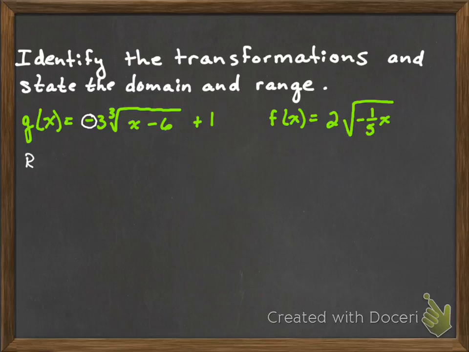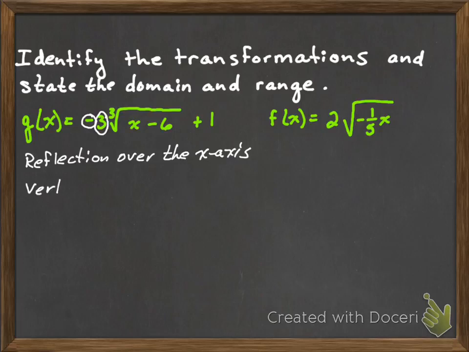That makes it a reflection over the x-axis. Then we have the 3 right here, which is a vertical stretch by a factor of 3.